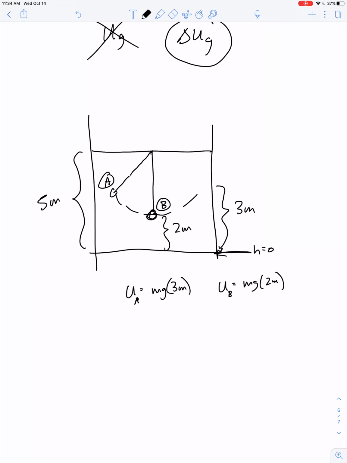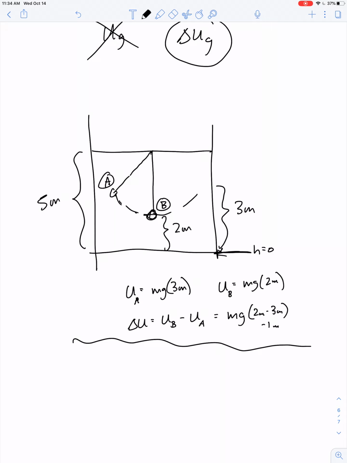Okay, so the change in gravitational potential energy is going to be negative because it fell down, and in the end, it's just the gravitational potential energy at point B minus the gravitational potential energy at point A. If we factor out the mg, this is mg of 2 meters minus 3 meters, which just gives us mg times negative 1 meter.